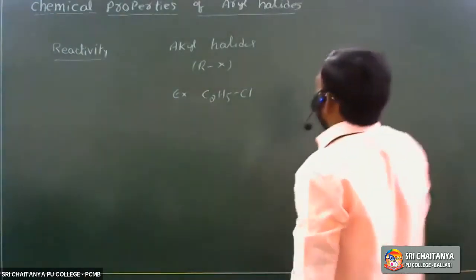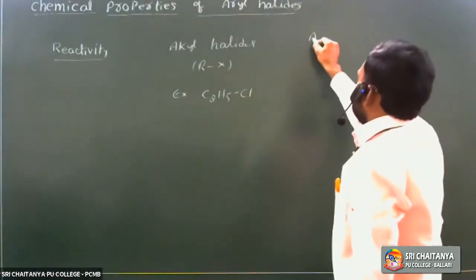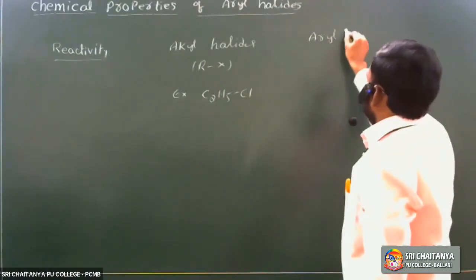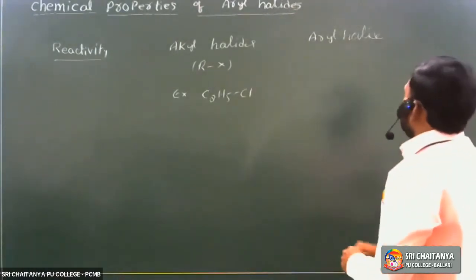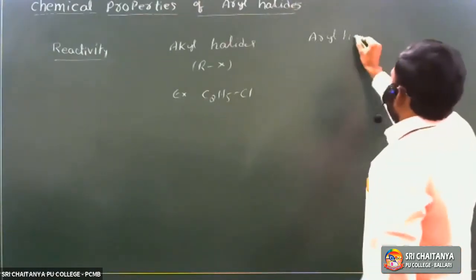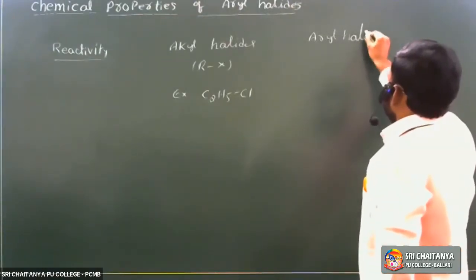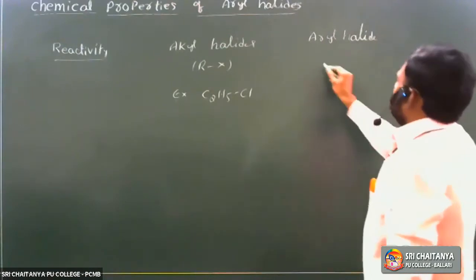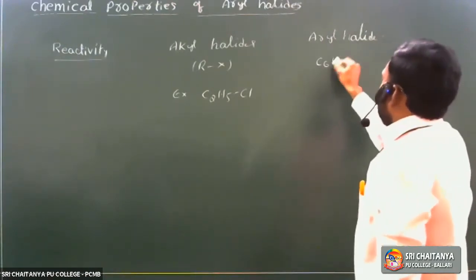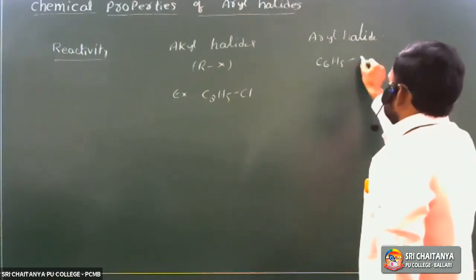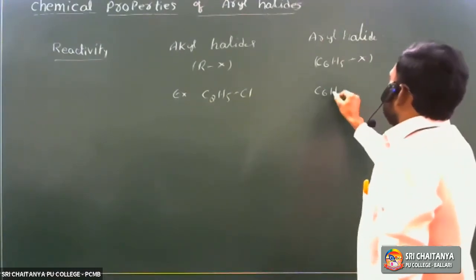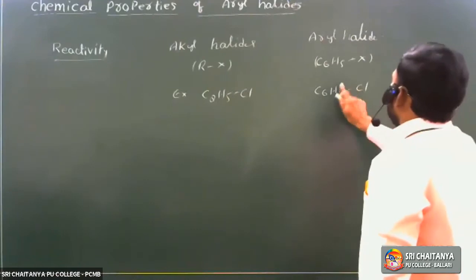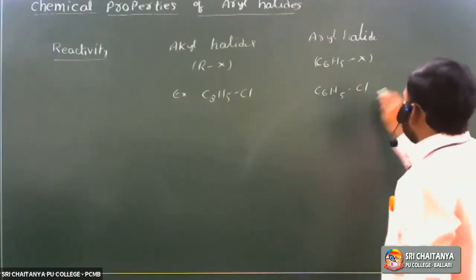The second one is the aryl halide, C6H5X, for example chlorobenzene, C6H5Cl.